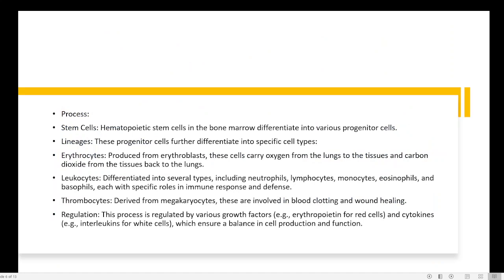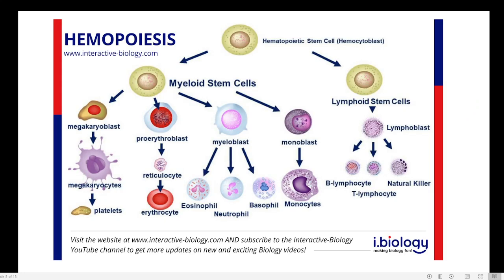One is the stem cell. Hematopoietic stem cells in the bone marrow differentiate into various progenitor cells. Here you can see that this is the hematopoietic stem cell that will first convert into different types of progenitor cell, either myeloid stem cell or lymphoid stem cell.